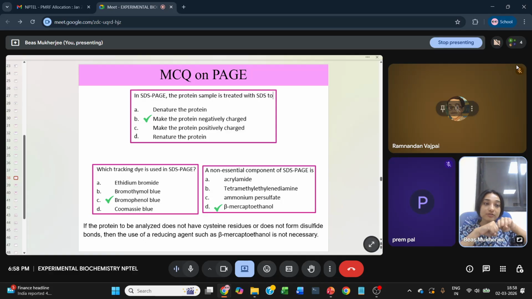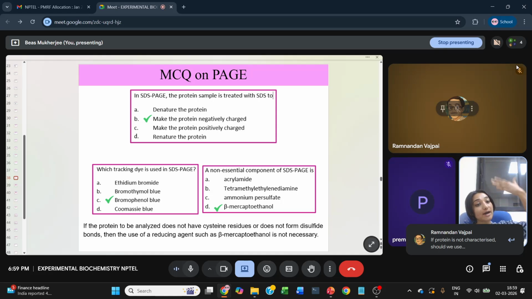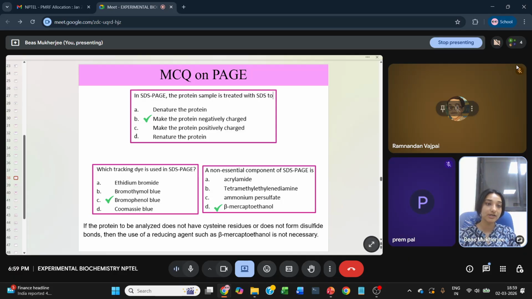Heat denaturation is breaking the covalent bonds and SDS is coating it completely, but the disulfide bond is not breaking. So the protein will be migrating at double the molecular weight if it is forming a dimer.